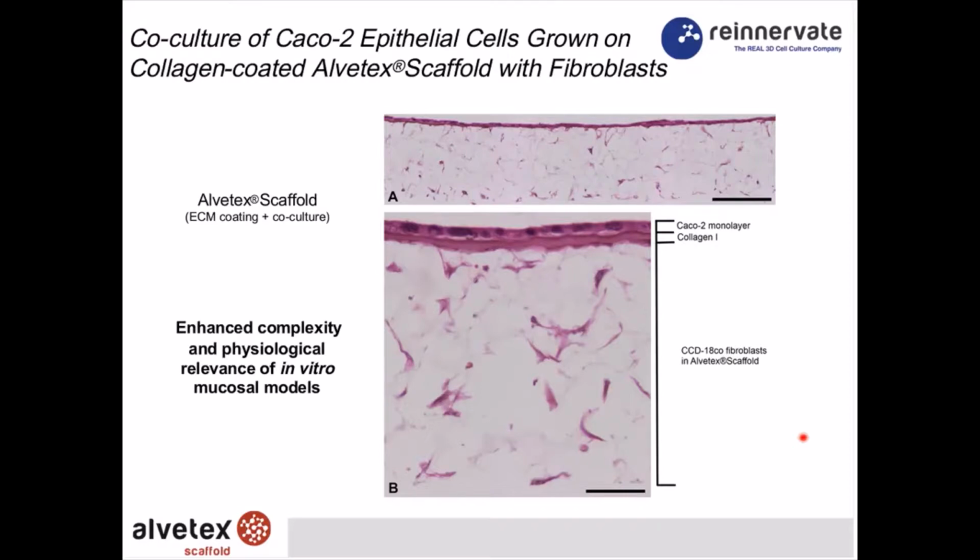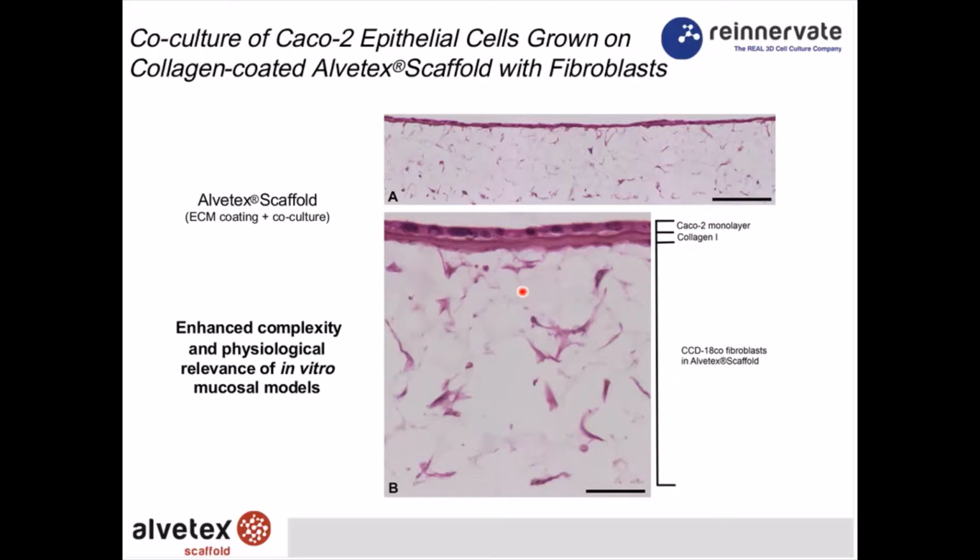So it's a true coculture model where we have a relevant stromal cell type beneath and a relevant cell line above. And this can then be used in various ways, for example, studying the relationships between these two cell types in health and disease, but also the functionality of that epithelium in terms of the transportation of solutes and ions across that epithelium, perhaps using an Ussing chamber model.